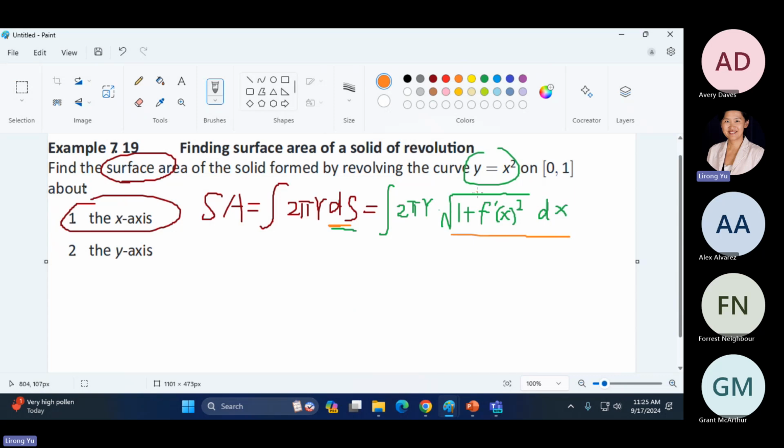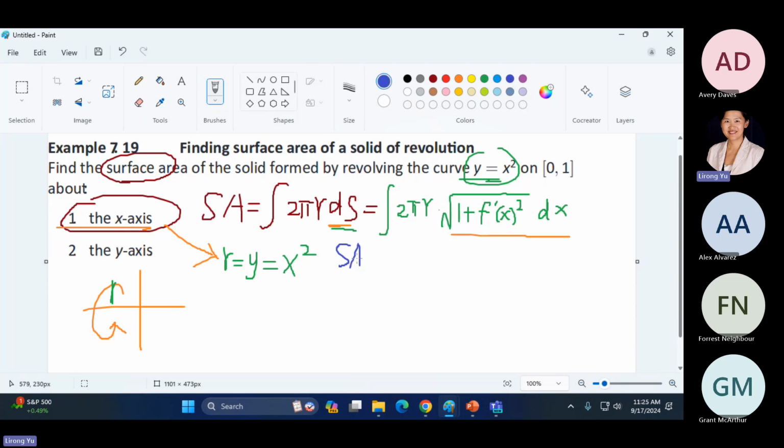All right, and then the radius depends on the axis of symmetry. If you rotate about the y-axis, your radius is going to be the x value. So r equals x, and since y equals x squared, our surface area formula changes.